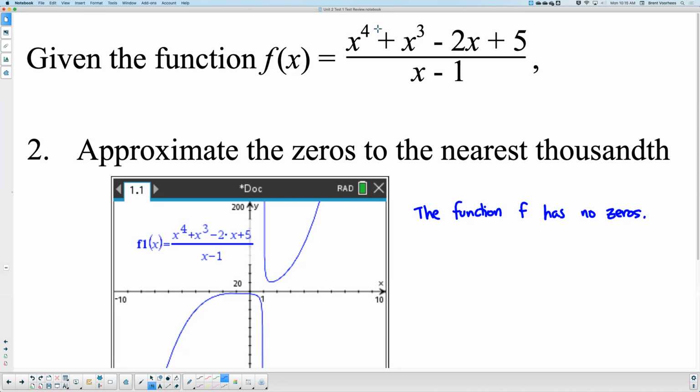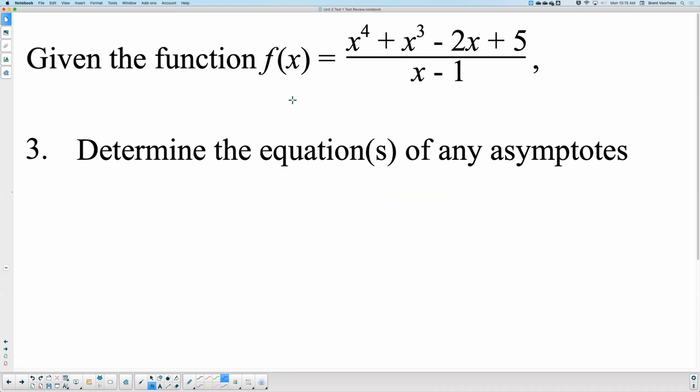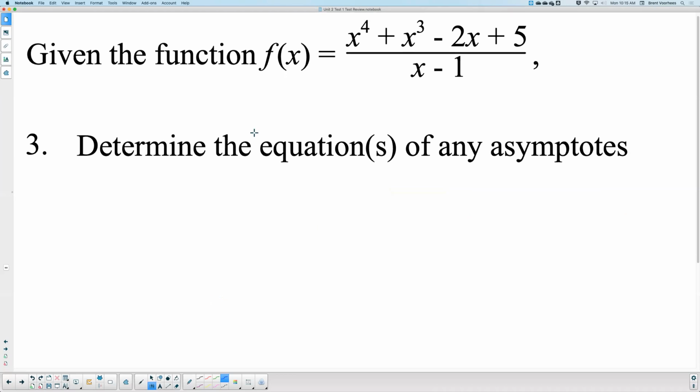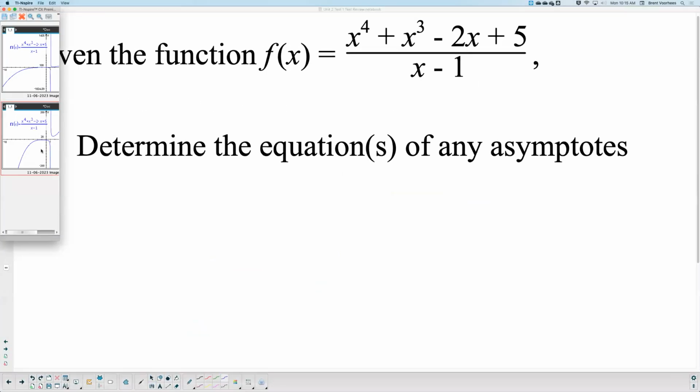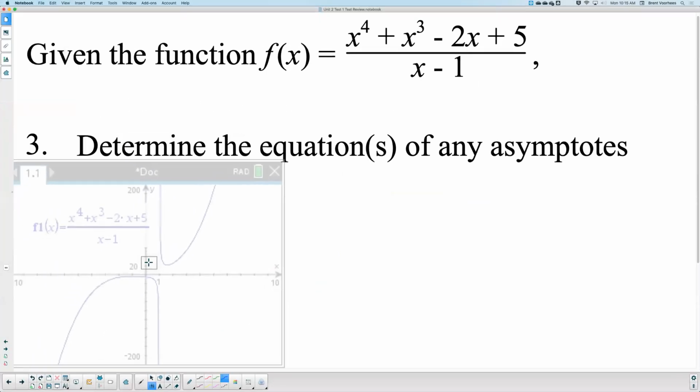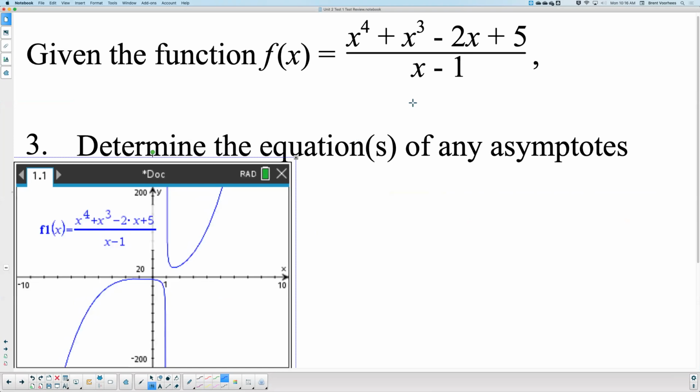Okay, what about this? Number 3, determine the equations of any asymptotes. First and foremost, this does have a very obvious vertical asymptote. Vertical asymptotes occur when you break a rule of the domain, and if that value cannot be canceled out with the numerator, which would make it removable.